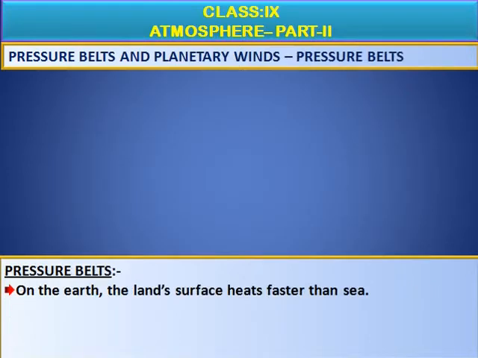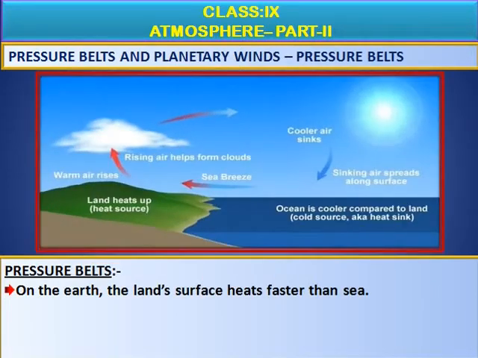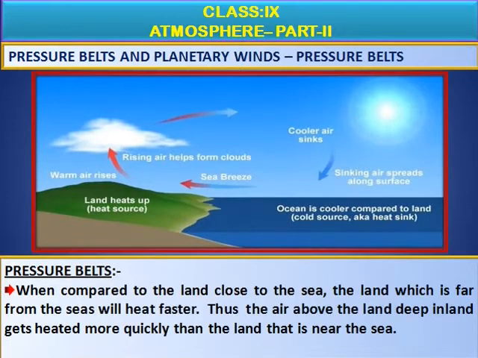Children, we are going to learn the second one, pressure belts. On the earth, the land surface heats faster than sea. When compared to the land close to the sea, the land which is far from the sea will heat faster. Thus, the air above the land deep inland gets heated more quickly than over the land that is near the sea.